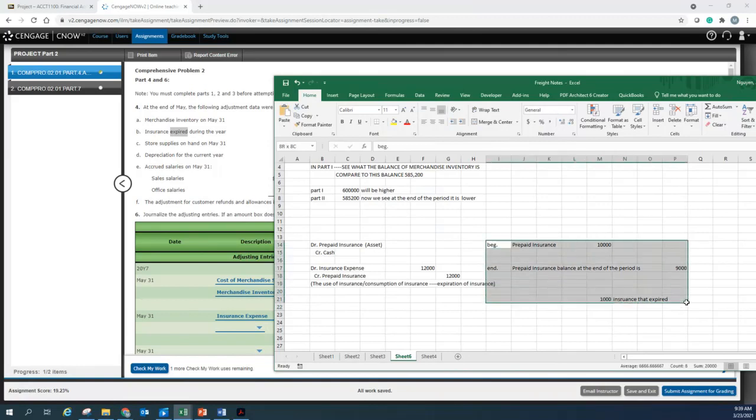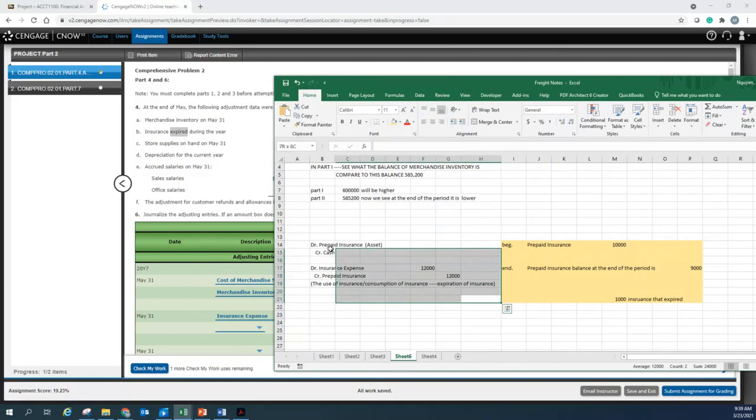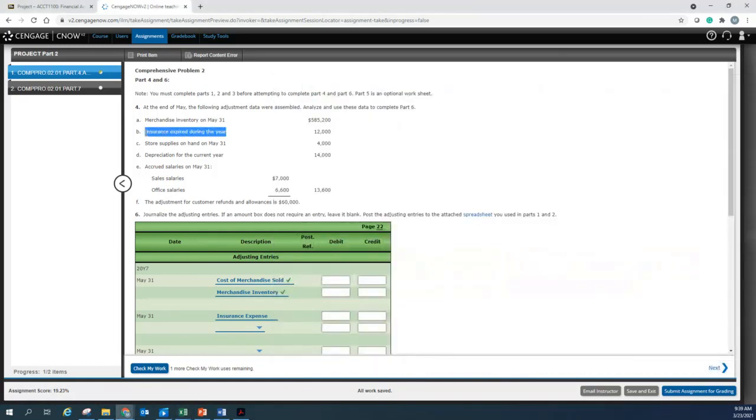Okay. So other times we get this type of problem, but other times it'll tell you exactly, so you don't have to do that calculation. It tells you the amount of insurance expense is 12,000. Okay.